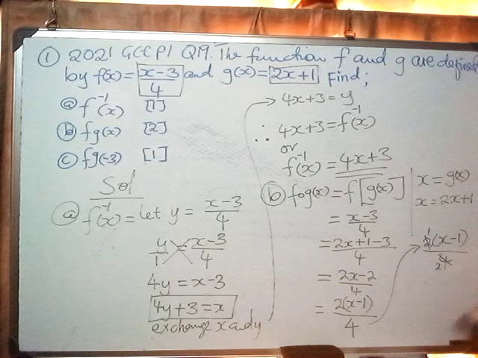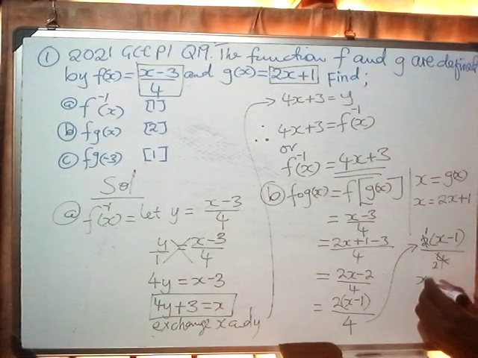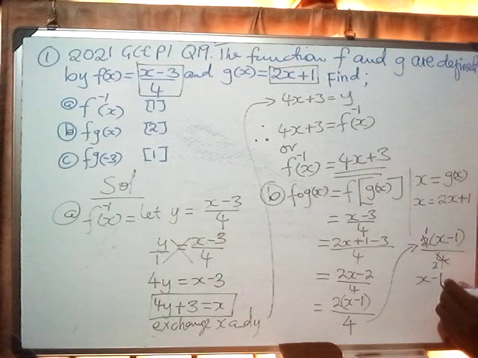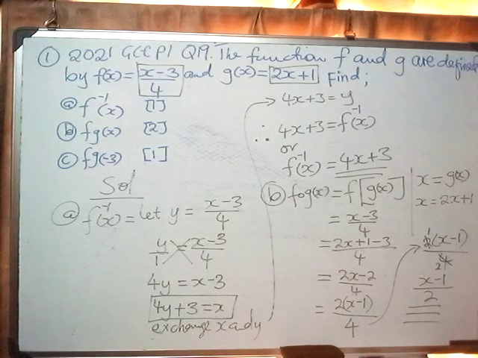So our final answer will now be 1 times everything on top, it will be the same thing, (x minus 1) over 2. So this is our answer to question number B.